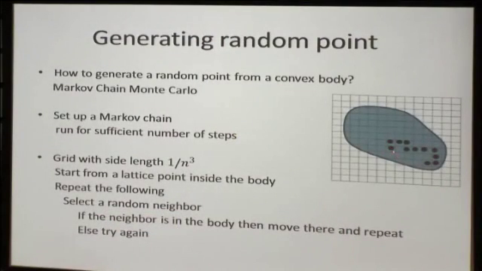And then we do the following random walk. Repeat the following: you start here, and select a random neighbor. It has this point as a neighbor, this point as a neighbor, and so on. In general, in n dimensions, a cube will have 2n neighbors. Select one of them uniformly at random, and then check if it's in the body or not by asking the membership oracle.